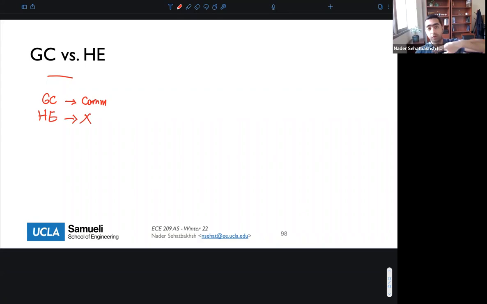The only thing homomorphic encryption needs is one round of encrypting data and sending the encryption to the cloud. So in terms of communication, homomorphic encryption is much, much better than garbled circuits. On the other hand, the computation of garbled circuits is much more efficient. So GC is much more efficient than homomorphic encryption.